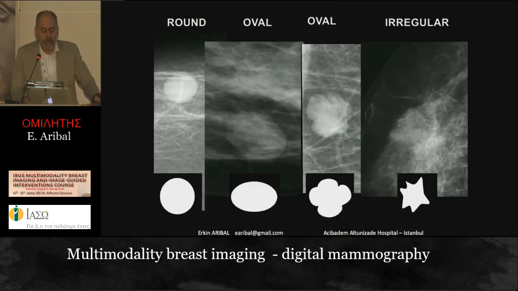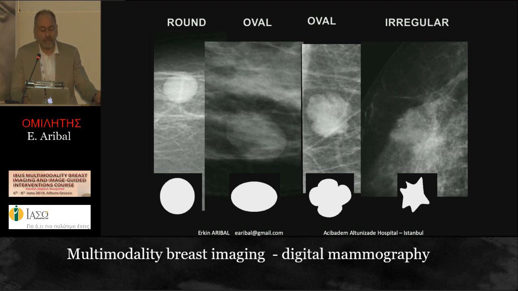Here are the mass definitions. There are 3 mass definitions in BI-RADS. Before 2013 it was 4, but now the lobulated mass is also called an oval mass. So we have round, oval, or irregular masses.